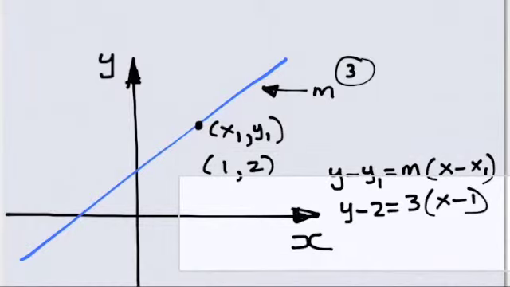We can simplify further. The right hand side we have 3x minus 3, and this minus 2 on the left hand side. If we take it to the other side, it becomes plus 3, so we would obtain y equal to 3x minus 1 as the equation of the straight line.